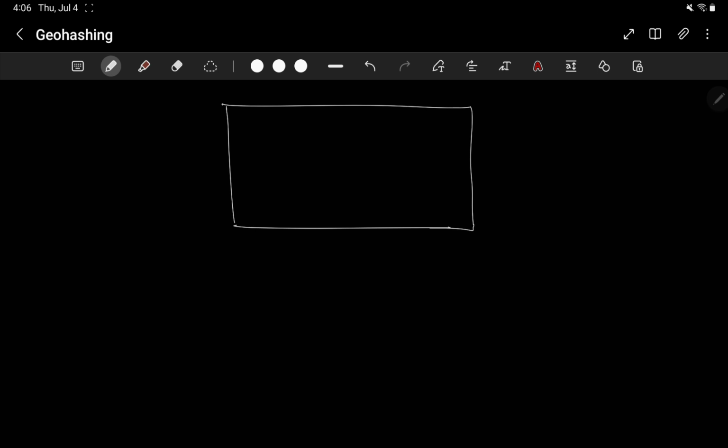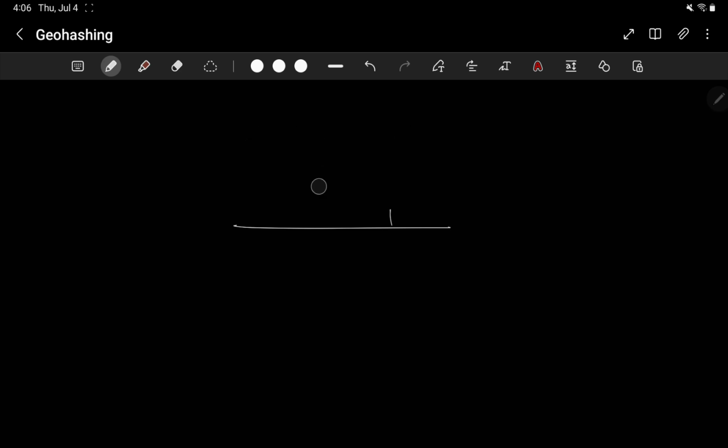If we open this up, we will notice that this area is divided into different areas like this. Next, each is divided again, each is divided again. And in how many parts is it divided?